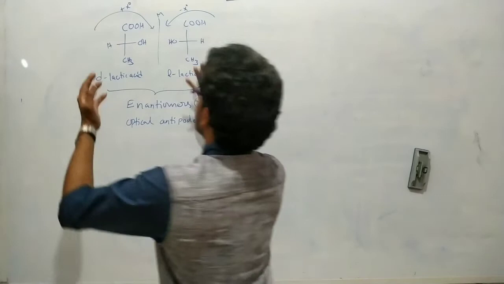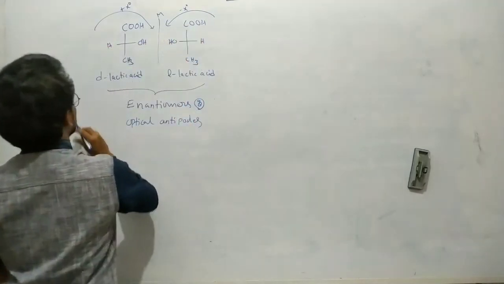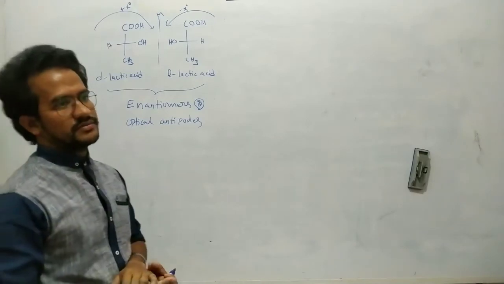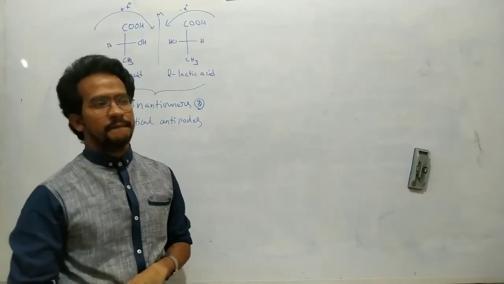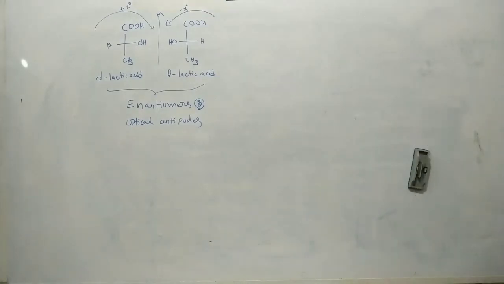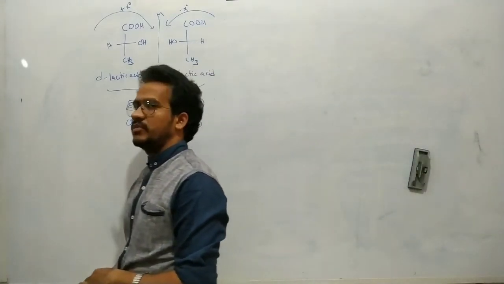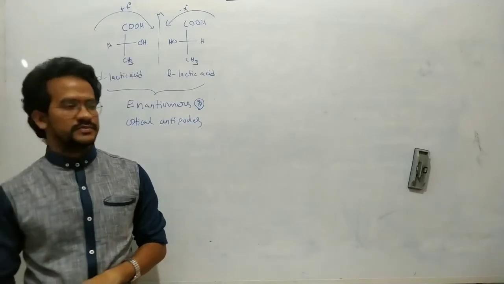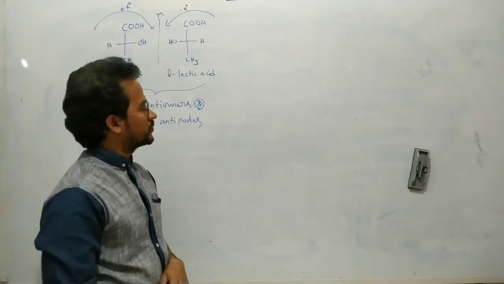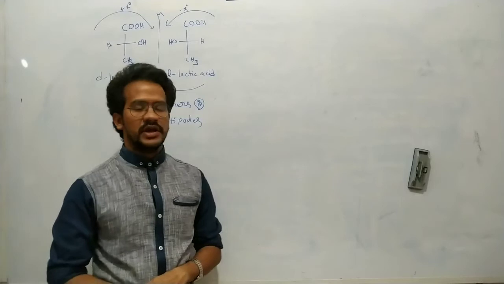Okay, these two compounds are non-superimposable, you can see like this. Non-superimposable on each other are called enantiomers.